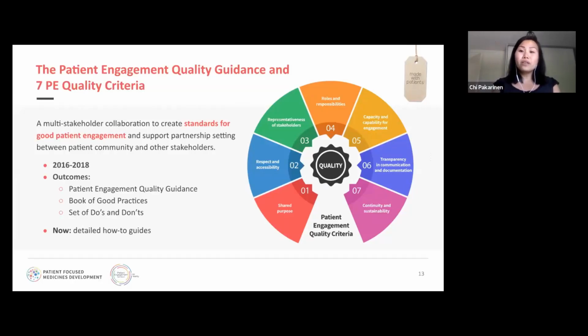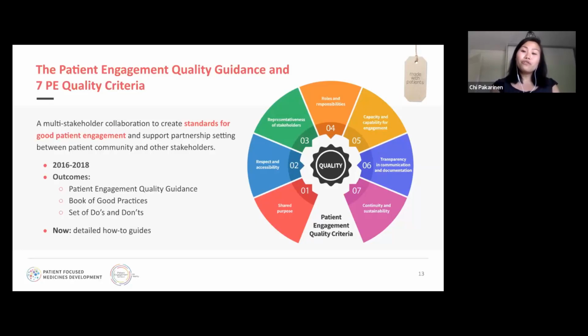This is seven criteria that the group felt you need to consider in order to have high-level patient engagement, set up partnerships that really work well, and not go into creating projects that are one-off or just scratching the surface. And if you implement this, we believe that you can create really meaningful partnerships and high-level patient engagement projects.